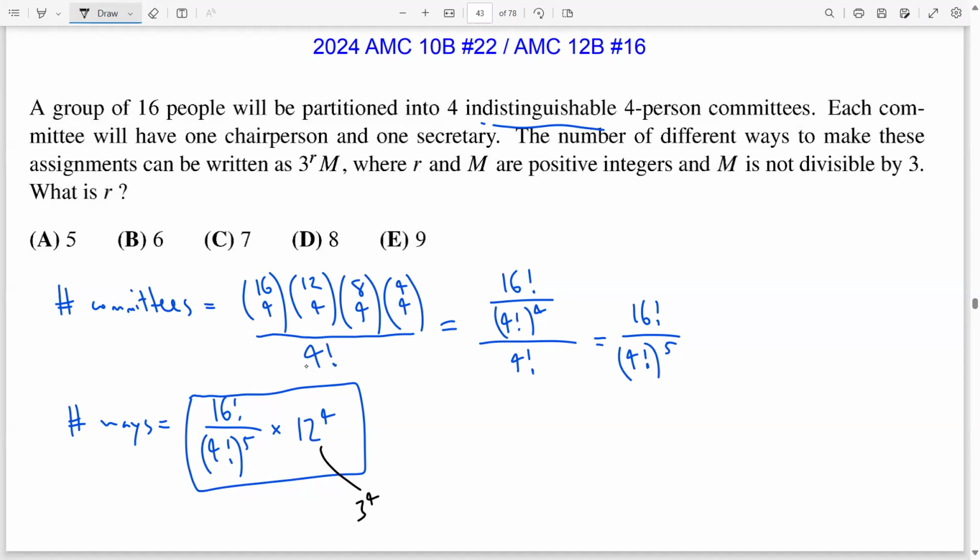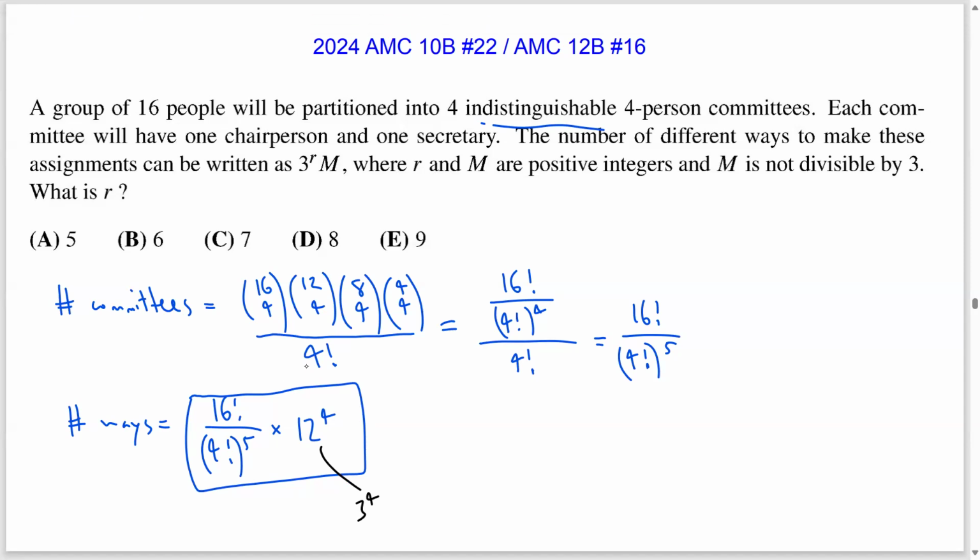Now I'm going to look at 16 factorial over 4 factorial to the 5th. So we can either use Legendre's formula, or we can just count the number of 3's in 16 factorial. We see that there are 6 factors of 3 in 16 factorial. And in 4 factorial, there's only 1 factor of 3, but remember I'm raising it to the 5th power.